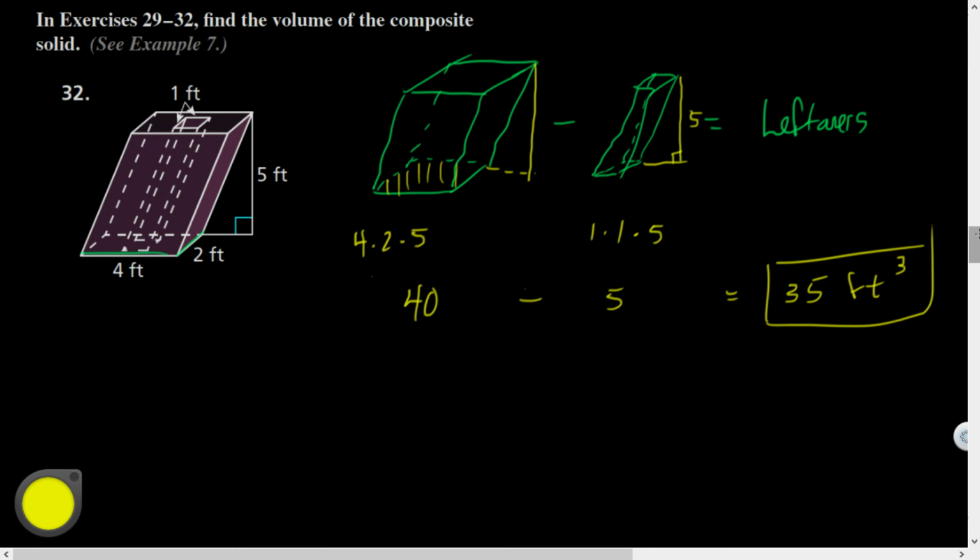So volume addition postulate, the little volume plus the little volume equals the big volume. And then similarly, I can subtract to make that happen. Yes, a composite is just like the combination of multiple volumes. This one is like a subtraction of volumes, a difference.